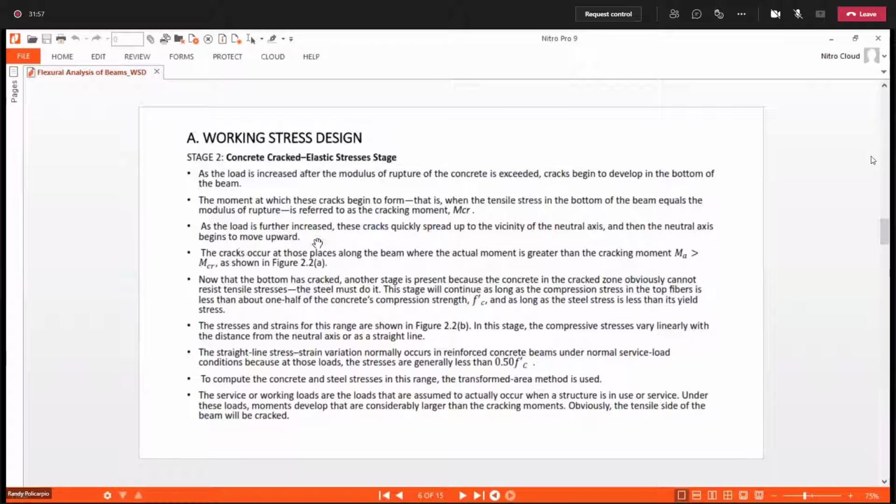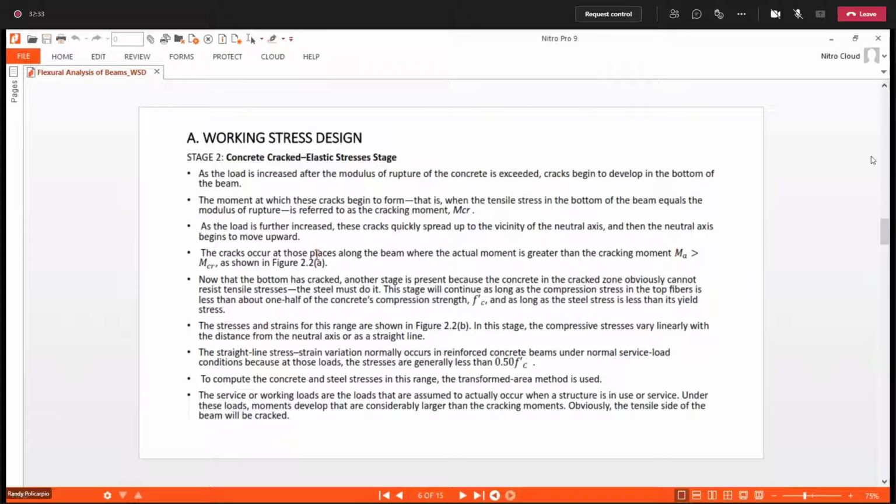So as the load is further increased, these cracks quickly spread up to the vicinity of the neutral axis, and then the neutral axis begins to move upward. So yung neutral axis mo, tataas yan. So ibig sabihin, yung usable compressive part ng concrete mo, lumiliit. So yung depth ng compressive part ng concrete mo lumiliit.